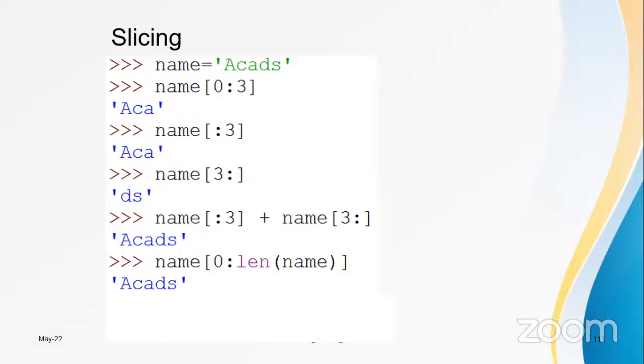So 0 to 5 means 0 is A, 1 is C, 2 is A, 3 is D, 4 is S. That's it.